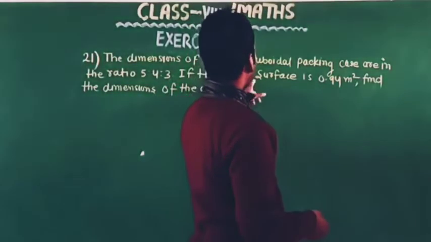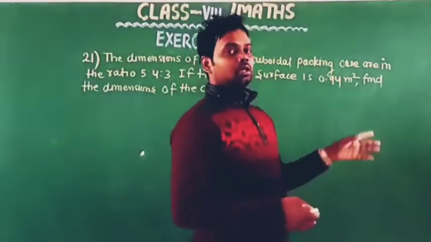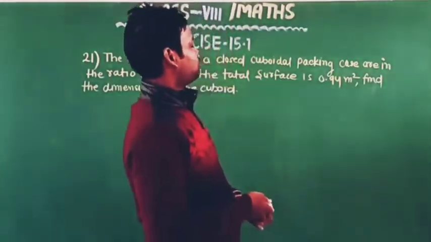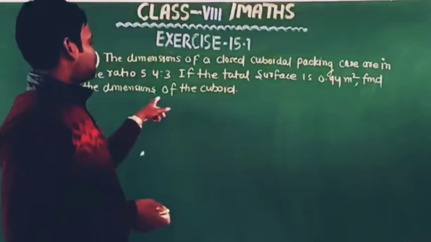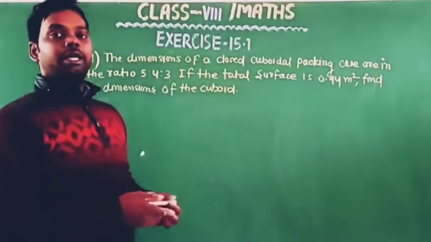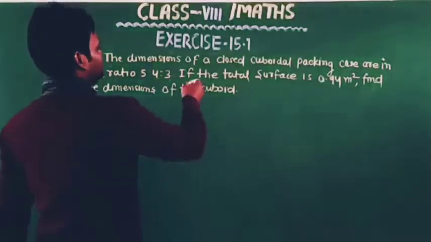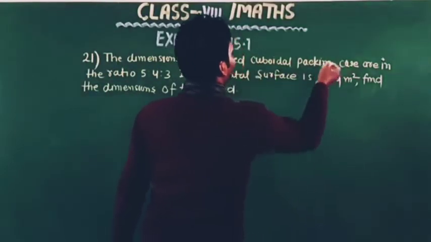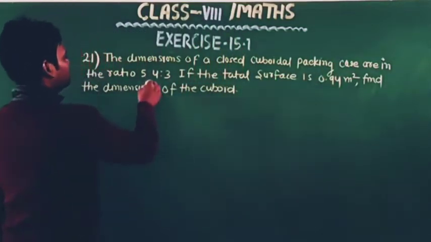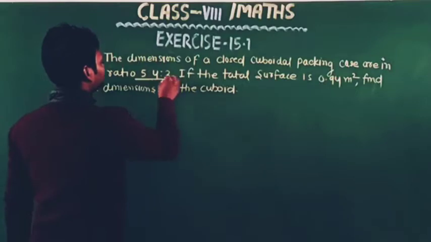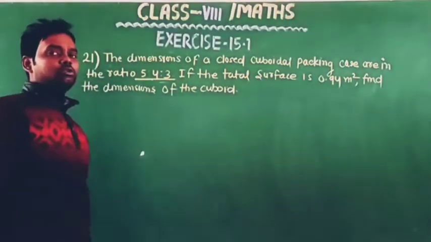If the total surface area is 0.94 meter square, find the dimensions of the cuboid.